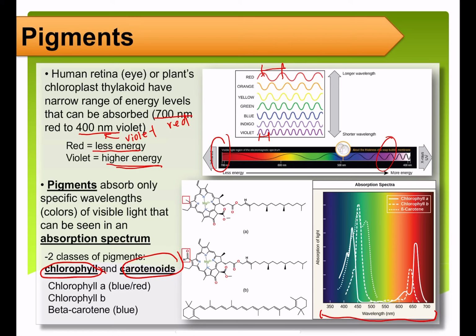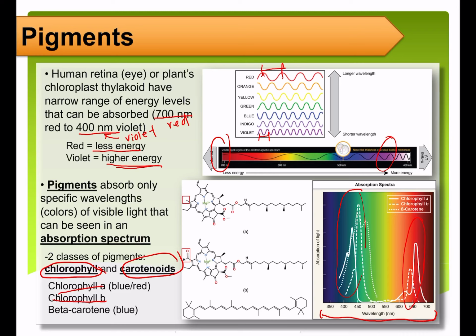Chlorophyll you see more as green color, whereas carotenoids are more in that yellowish color. Chlorophyll A and chlorophyll B have maximum absorbance in the blue spectrum and the red visible light spectrum, while beta carotene has a maximum absorbance in just the blue.